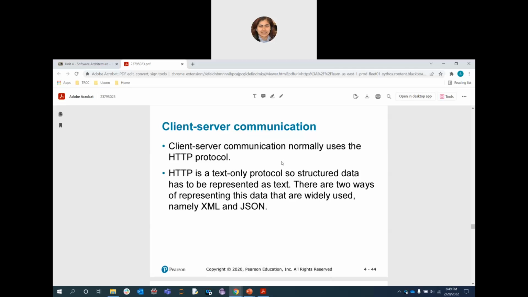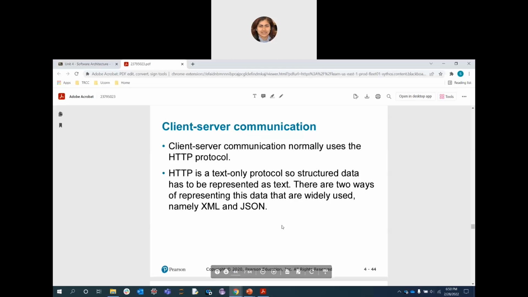The client sends the message along with an identifier of a resource, usually your URL, uniform resource locator, on which the instruction should operate. When you see a web address, you see HTTP, then www, then google, then .com for the google.com web page. Something like that.